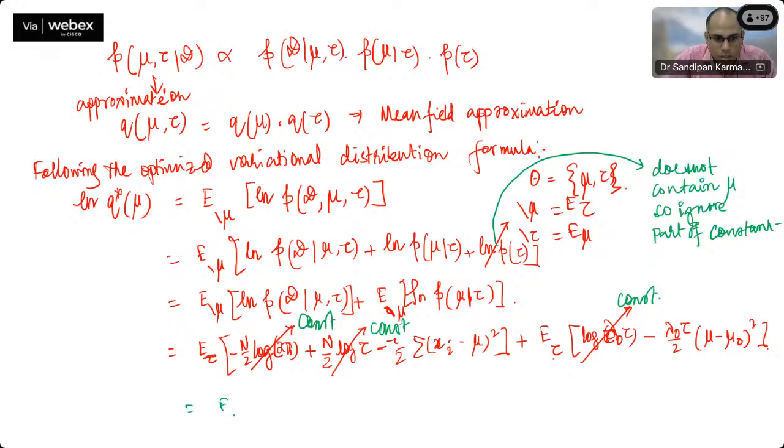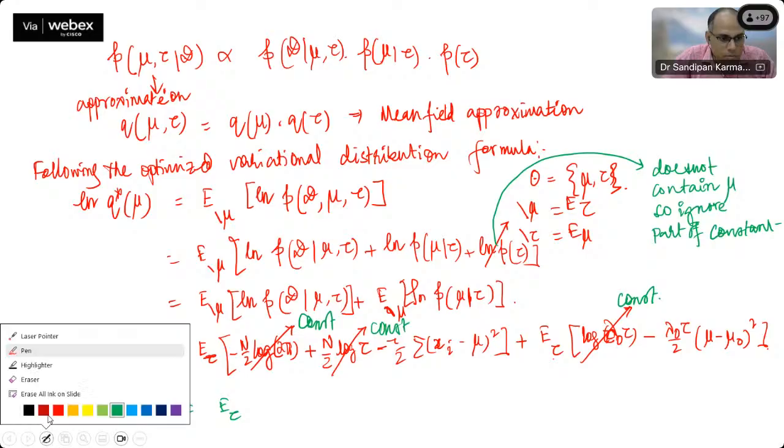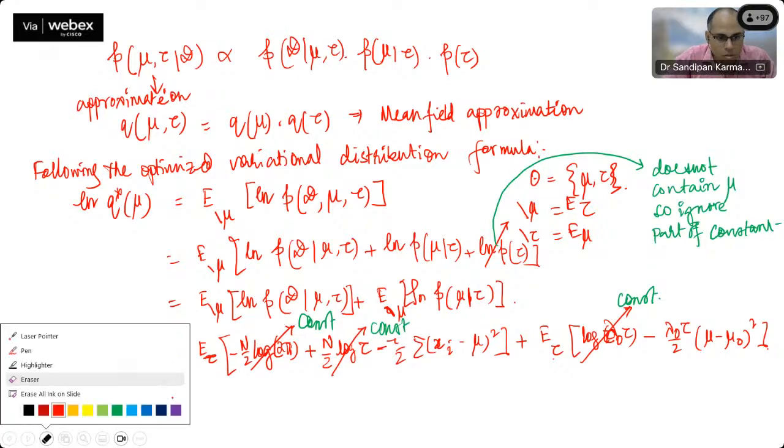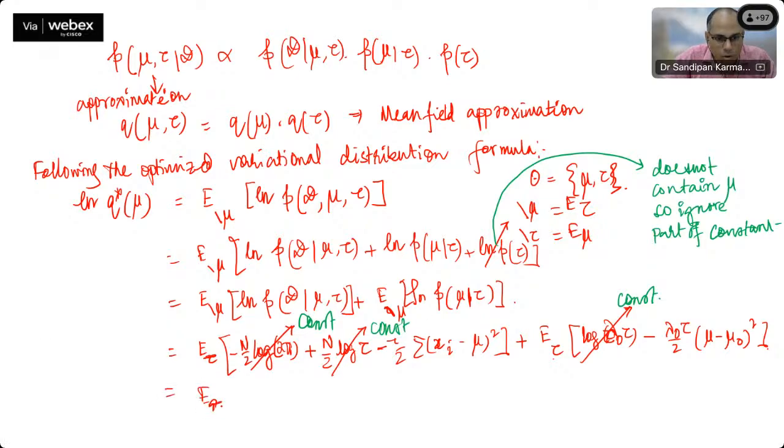So this will be E of tau of, first one is minus tau by 2 summation of (xi minus mu) whole square, and then it is lambda naught tau by 2 times (mu minus mu naught) whole square.